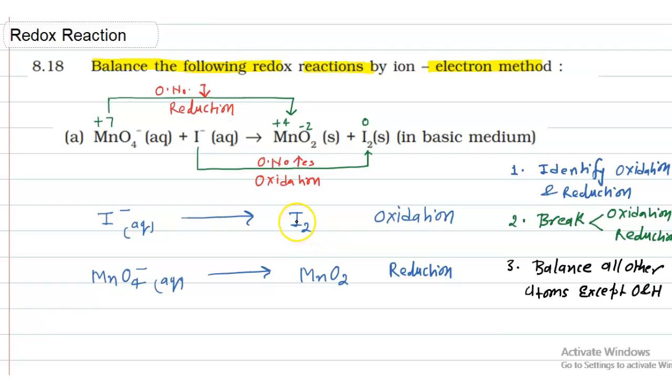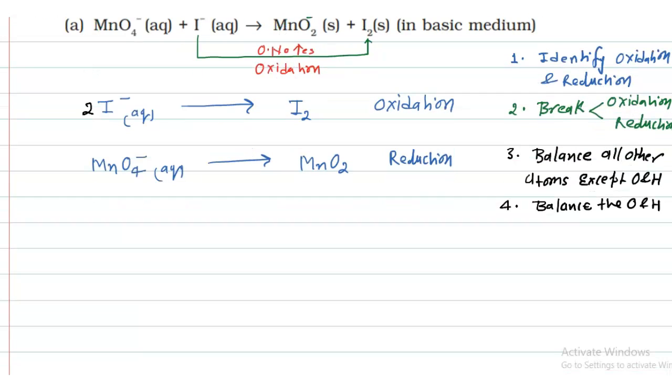So now first balance all other atoms. As you see, I2 on the product side and only I on the reactant side, so here I will write the 2. Now iodine is balanced. Since in this reaction there is no oxygen and hydrogen involved, the next step, balancing oxygen and hydrogen, does not apply here. Next step: balance the charge.